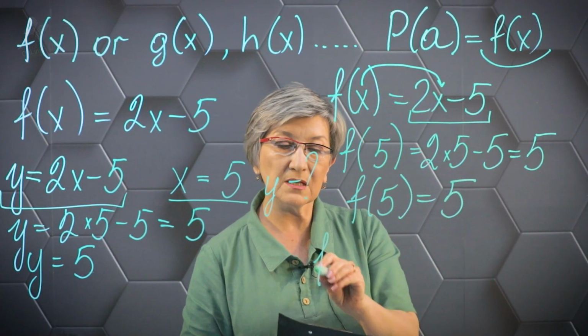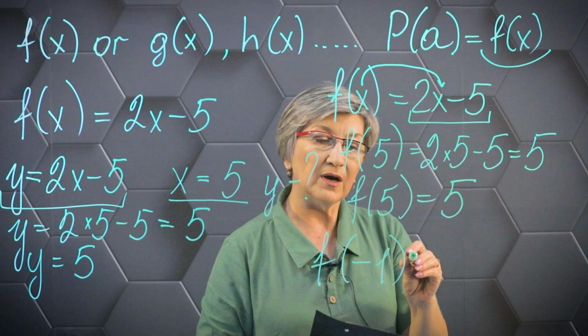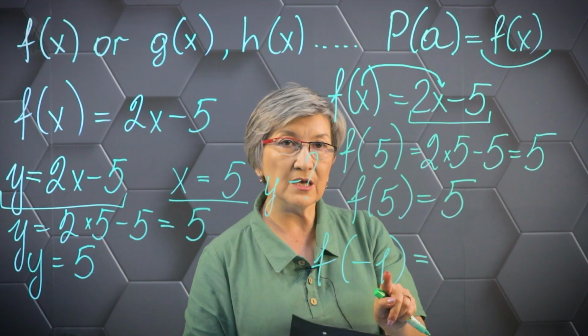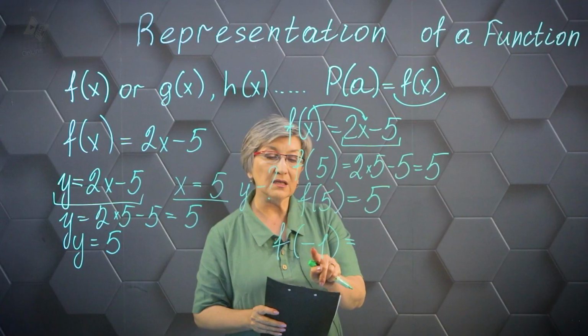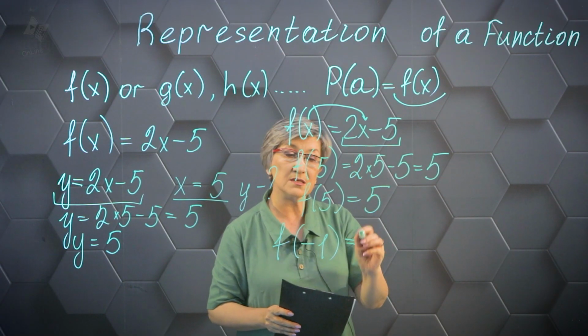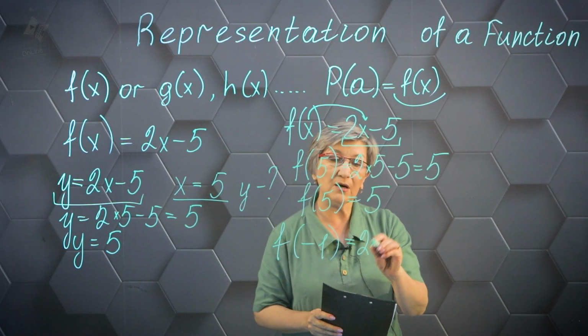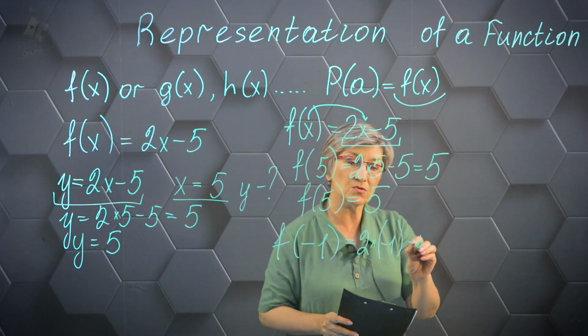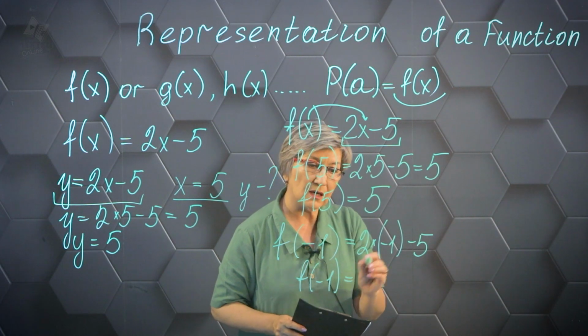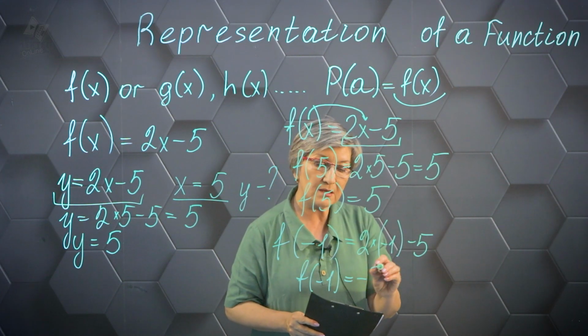If you write down f of minus 1, then instead of x, the value is minus 1. And then we will substitute that value in place of the variable x. The result would be 2 times minus 1 minus 5. And then f of minus 1 equals minus 2 minus 5 equals minus 7.